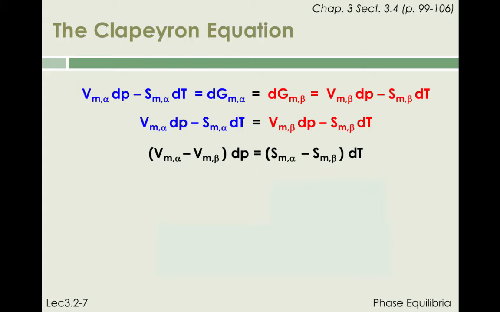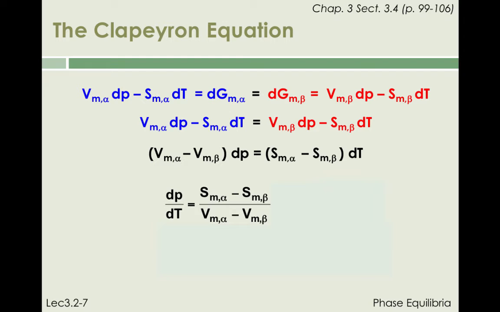This leads us to obtain an expression for dP over dT, equal to the slope of the coexistence curve P versus T, and write dP over dT equals Sm alpha minus Sm beta divided by Vm alpha minus Vm beta.